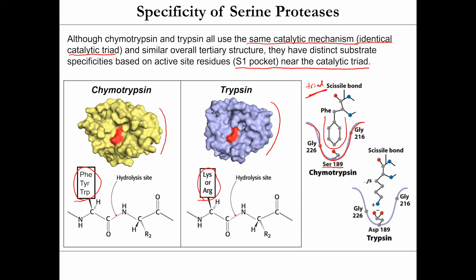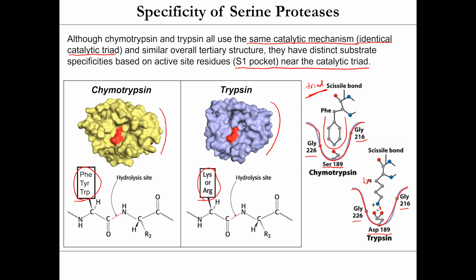Now, on the other hand, if you look at trypsin's S1 pocket, it's very different. So it has features the same. It's got these two glycine residues that make up the same sort of pocket, but the pocket is a bit more shallow because it has an aspartate 189 at the bottom of this S1 pocket. And that negative charge of aspartate 189 is going to be attracted to the positively charged lysine or arginine residues that are trypsin's preferred substrate.